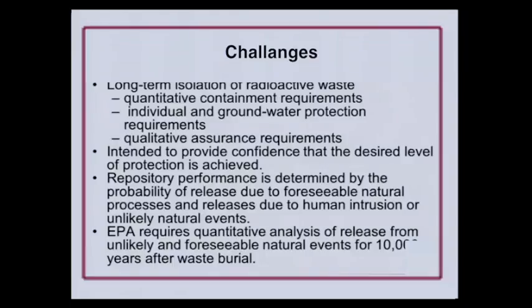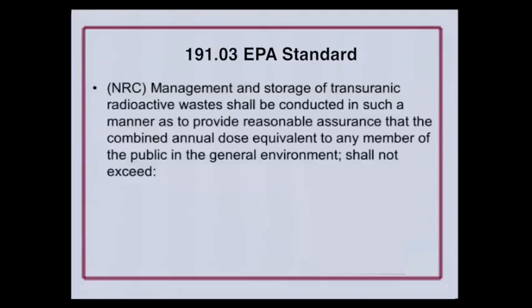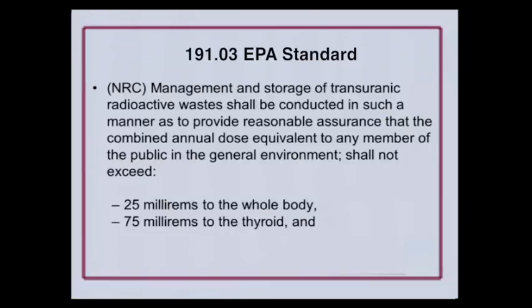As far as specifics and standards that can be measured day in and day out, you can see that it says here that the NRC management of transuranic waste, in accordance with EPA standards, be conducted in such a manner that it provides reasonable assurance that the combined annual dose equivalent of any member of the general public shall not exceed 25 millirem to the whole body, 75 millirem to the thyroid, and 25 millirem to any other critical organ.